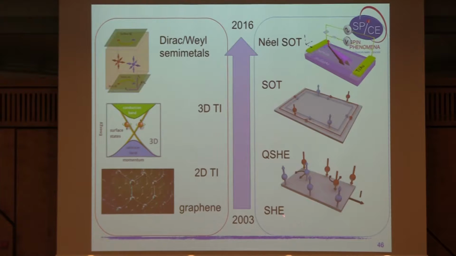On the right-hand side, of course, we have the spintronics community with spin Hall effect, quantum spin Hall effect, and the topological community that started from graphene about the same time as the spin Hall effect. We went to topological insulators that are still coupled to this, but then 3D Dirac and Weyl semimetals have gotten a life of their own, of course, and whether you can actually marry the two together.